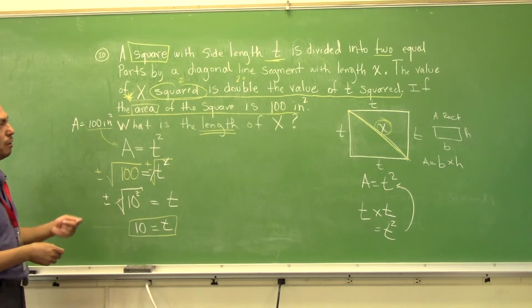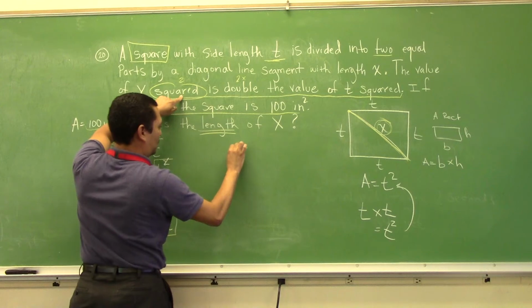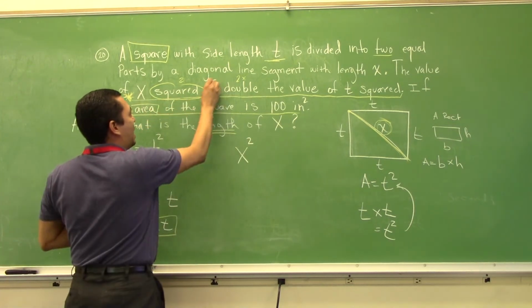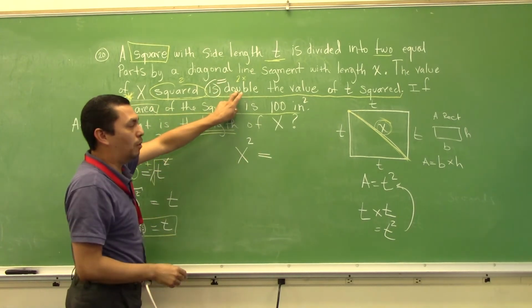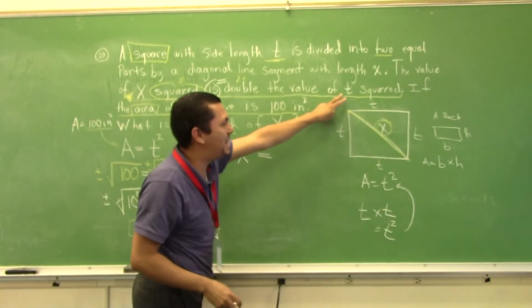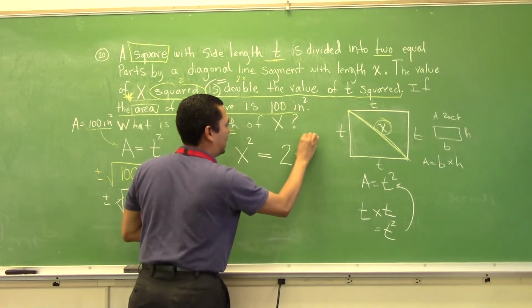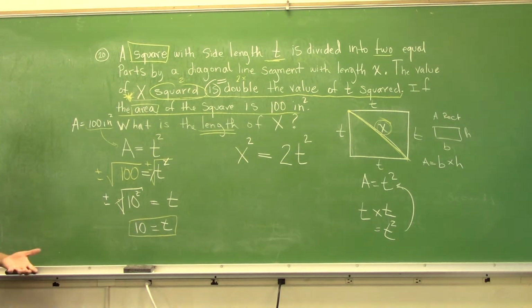So how do I write that equation? x squared is equal to double the value of t squared. That's your formula. Now, we need to solve that equation.